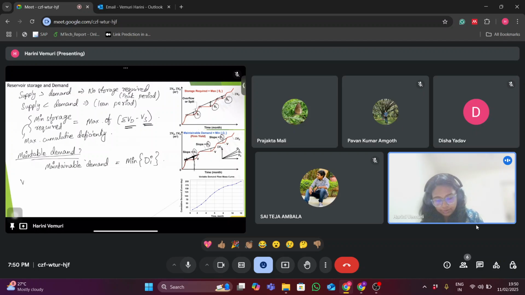And when we have a variable demand, how do we calculate the storage? When we have a variable demand, the demand will change across the time period, right? We will have a cumulative demand curve and also a cumulative supply curve, and we will take the difference between them.